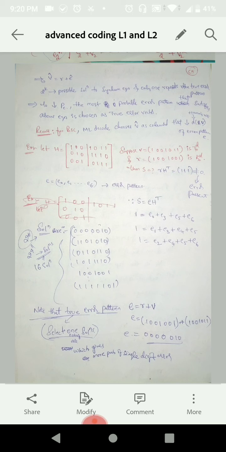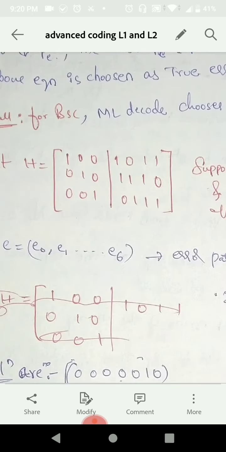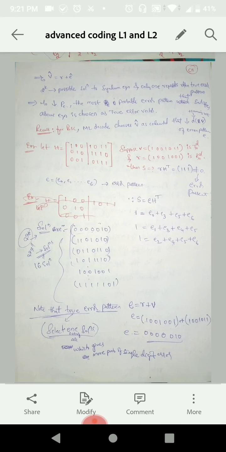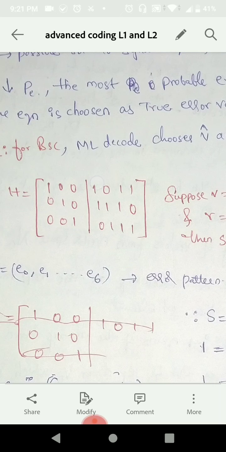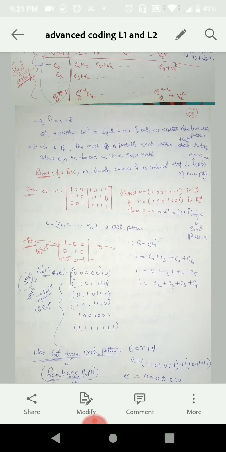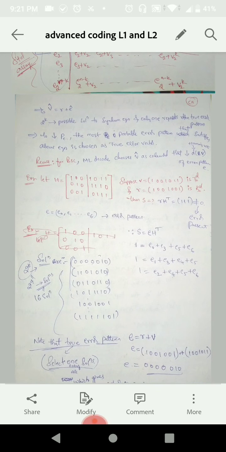How we are making this is nothing but we are going to have E into H transpose, right? So E is nothing but E0, E1, E2, and we are making things very clear, like this multiplied with H transpose. So we are going to get E0 plus E3 plus E5 plus E7, or E5 plus E6. This is something which we can define for three rows.